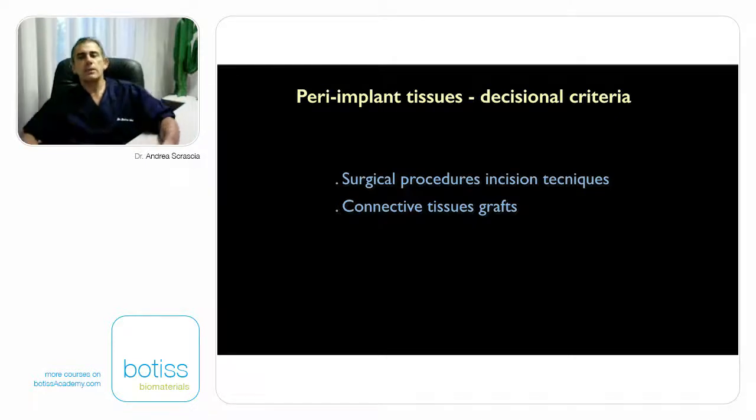So the decisional criteria to manage soft tissues are surgical procedures, incision technique, and connective tissue graft.